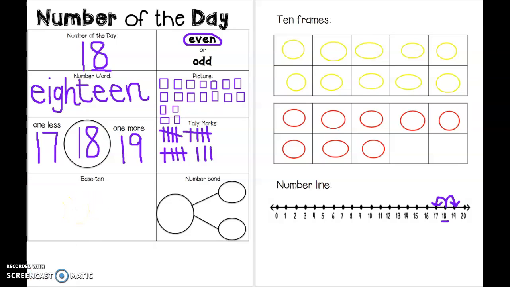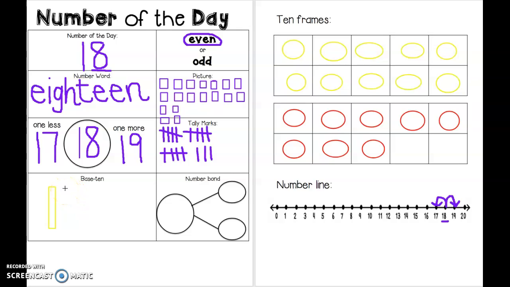So I want to think about our base 10 blocks. How many tens rods would I use? 18 would have how many tens? How many whole full 10 frames do we have? We have 1, right? So 1 tens rod. And then how many ones cubes? 10, and how many ones?